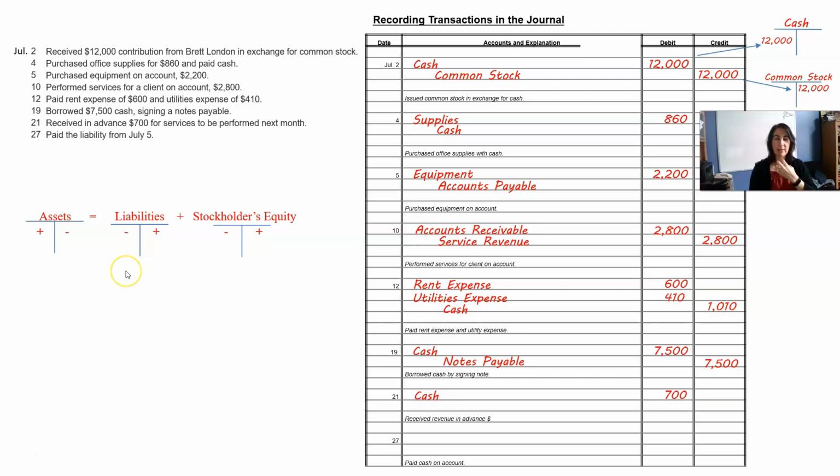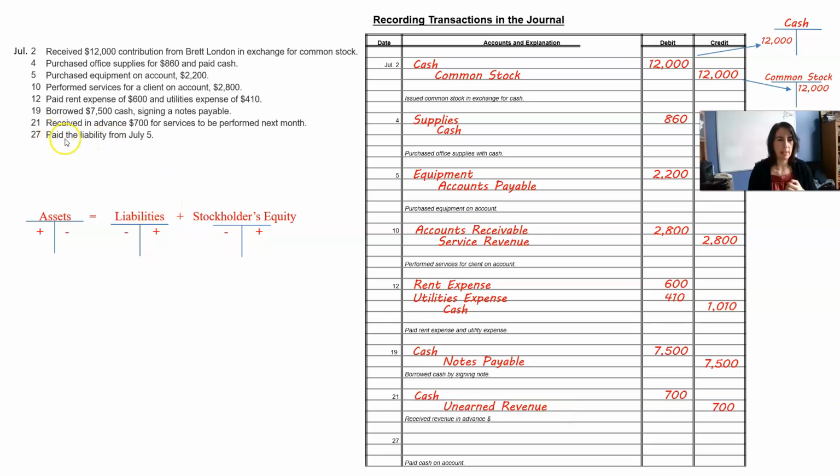I would have received the cash, and I owe them the service of mowing their lawn. And until I do that, until I mow the lawn, I have a liability to them because I owe them. Liabilities mean you owe someone something. It's not necessarily cash. So we have a debit to cash. We're going to perform whatever service it is that we do next month. So there's your liability of unearned revenue, $700.